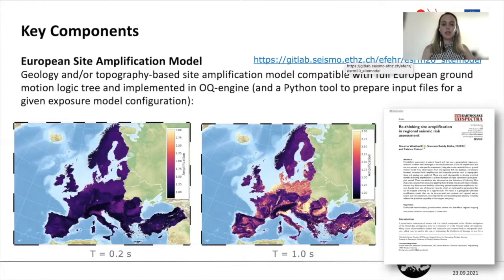And this is as a function of the user's exposure model. So a user may have an exposure model where the buildings over a given region are described by a single location, and different choices can be made on how you describe the site properties. Do you take the site properties closest to the coordinate of those buildings, or do you take an average across the whole region that's being represented by that single location?